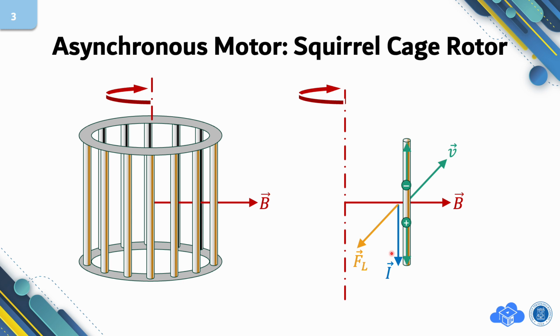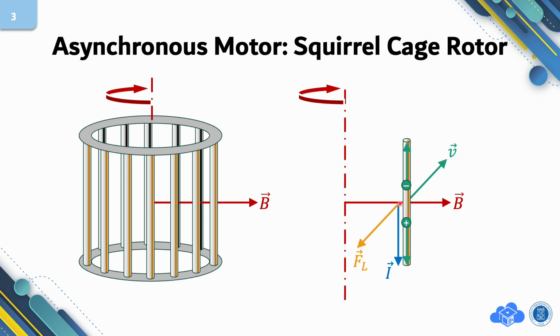Because of the relative motion, there is an internal current flowing downward, and on the other side of the rotor, there will be an internal current pointing upward. So there will be current circulation within the squirrel cage rotor.